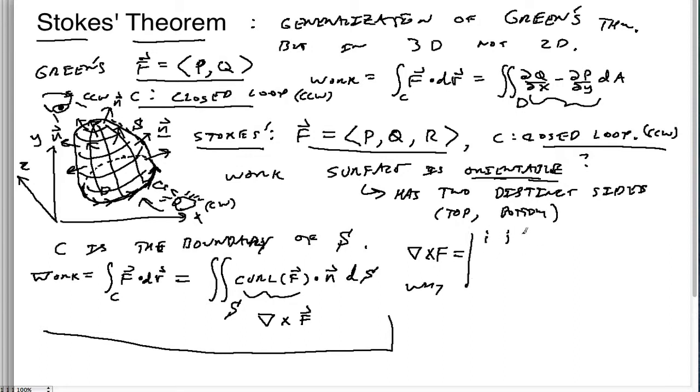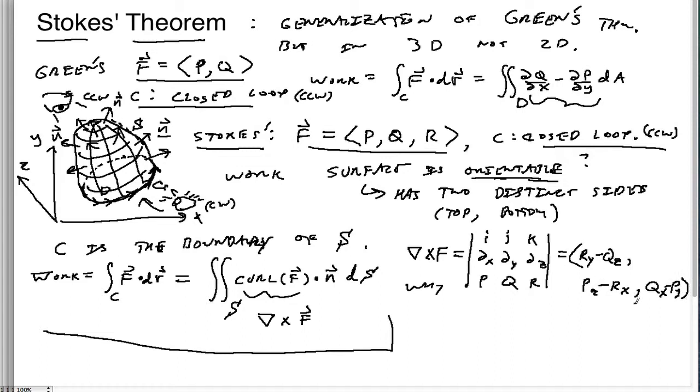Remember, this is i, j, k, the partial with respect to x, partial with respect to y, partial with respect to z, and our vector field functions P, Q, and R, and that becomes, we can see this easily as R_y minus Q_z, comma, P_z minus R_x, comma, and then finally Q_x minus P_y.